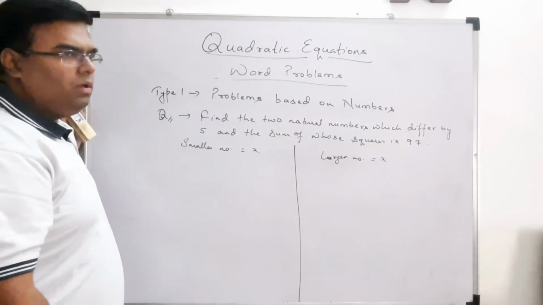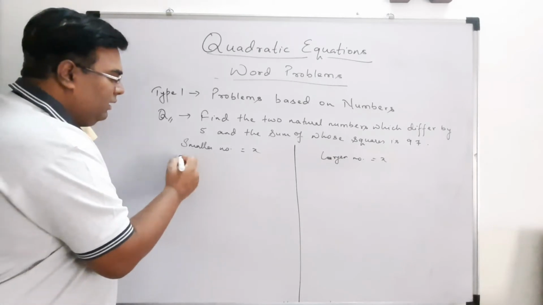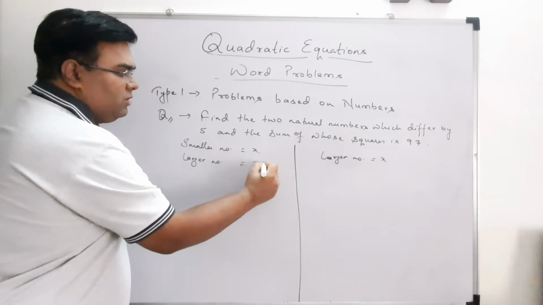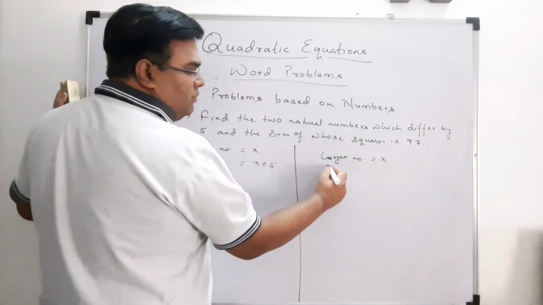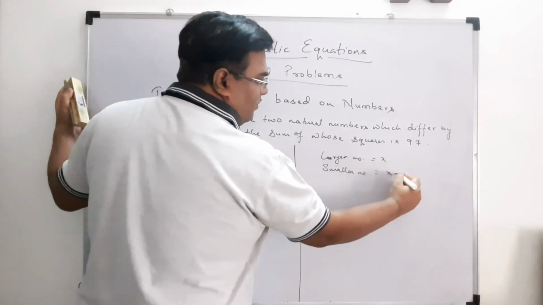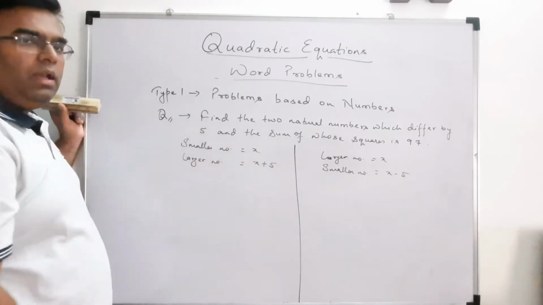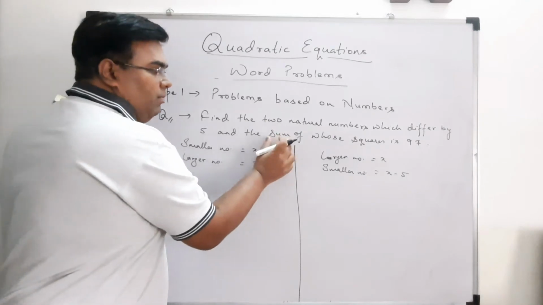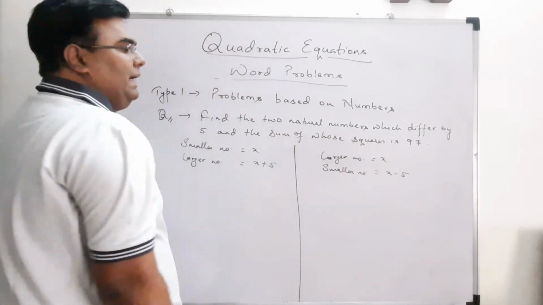Accordingly, your other number will be: the larger number will be x plus 5, or, if x is the larger number, the smaller number will be x minus 5. So you can work both ways. The next condition is that the sum of whose squares is 97.